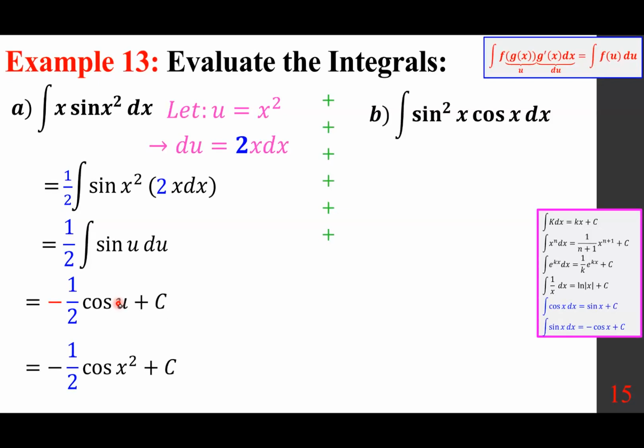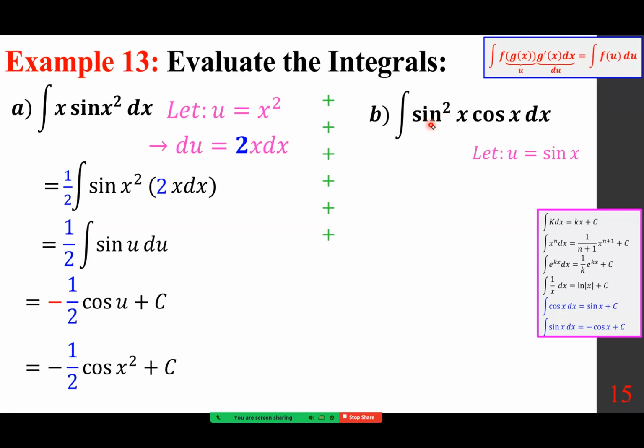Anytime you have sine as well as cosine, if you have both of them, the function that has the exponent is the choice of u, everybody. This means sine x to the second power. So sine x is the choice of u. The derivative of sine is cosine.